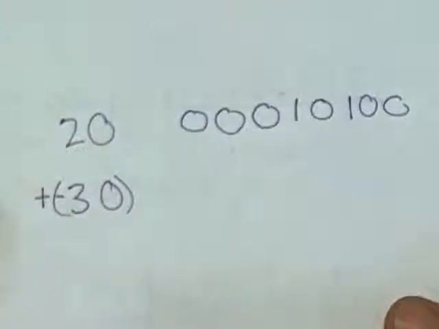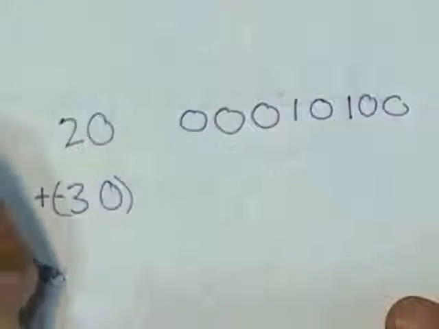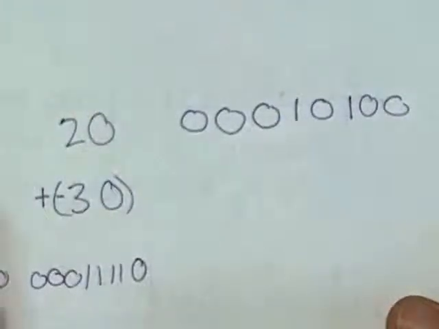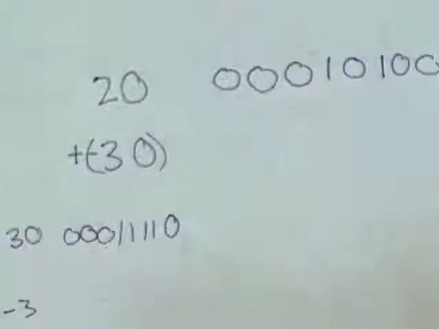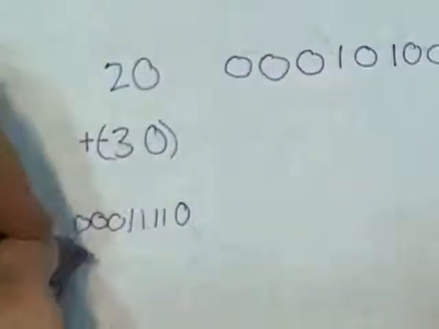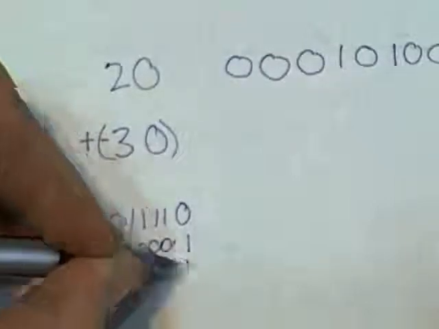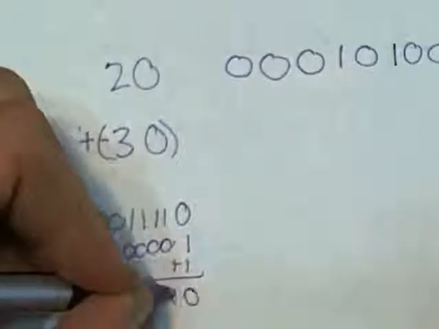So I'm just going to take that number from before and write it down. If in doubt, if you remember what 30 is, here's 30. 0, 0, 0, 1, 1, 1, 1, 0. To make negative 30, I'm going to invert, add 1, and here's my negative 30.